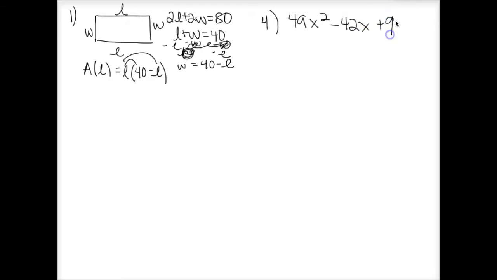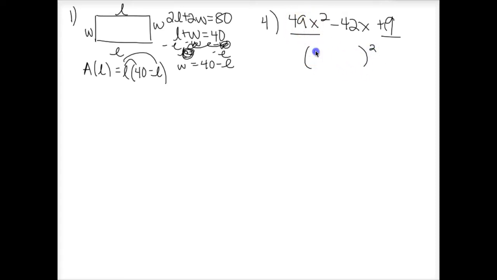Here, 49 is not divisible by 3 or 9, so I know there is no GCF. But after you look for GCFs, you should look for special products. This and this, both perfect squares. Since this has 3 terms, you're looking to see if it could be a PST.